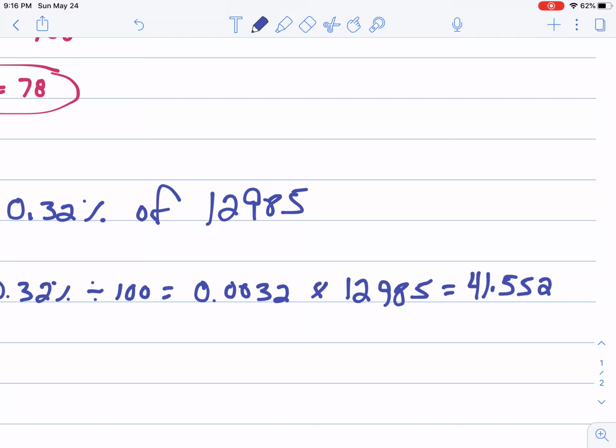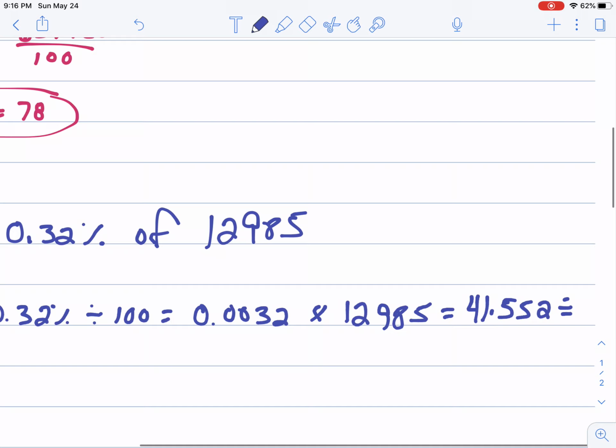Right? We can do this rounding. You normally would round to the nearest whole number if we're actually looking at things. So I could say, which is approximately equal to, I ran out of room, approximately equal to 42. Okay, so that's one way to do it.